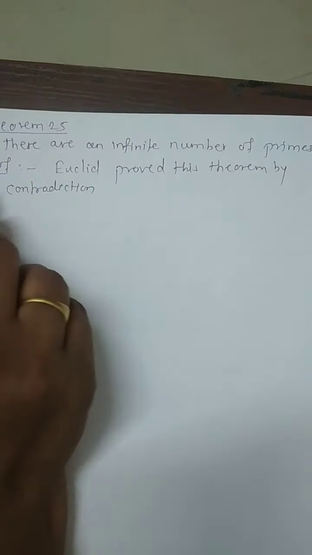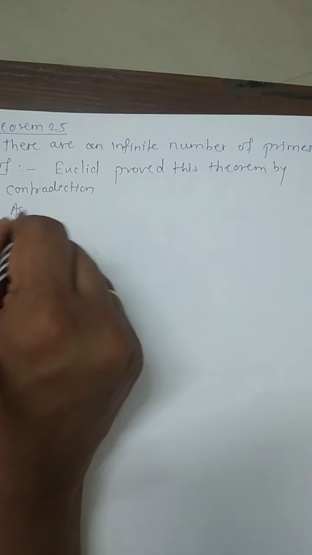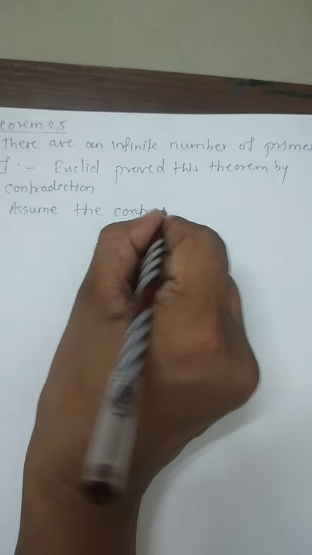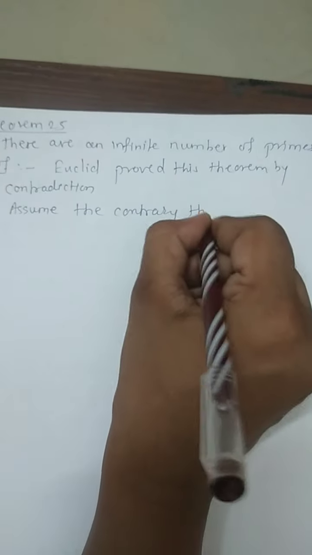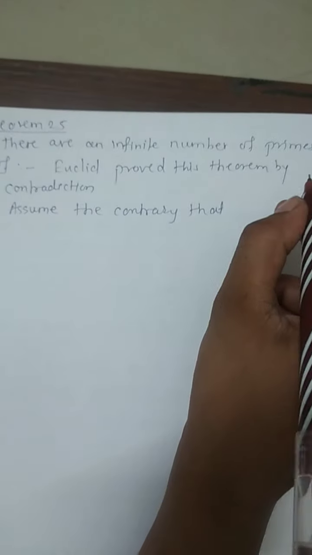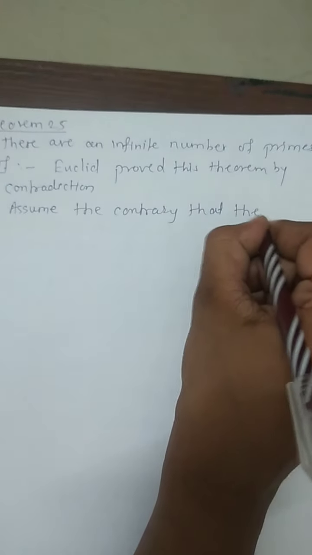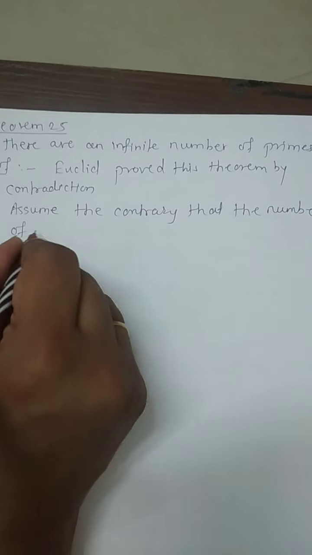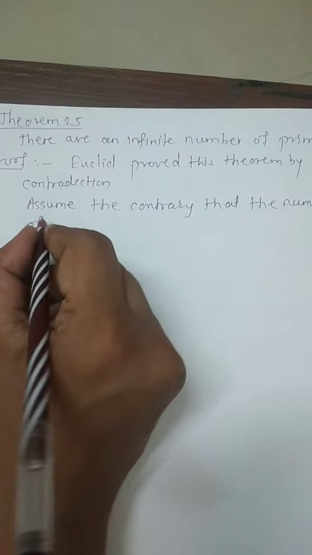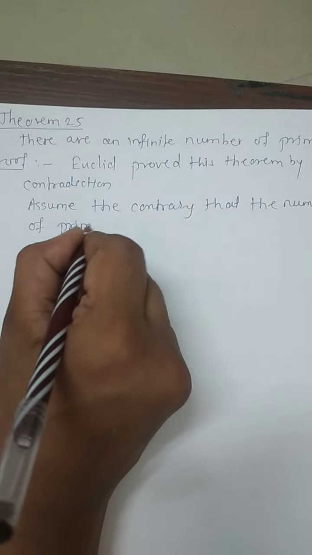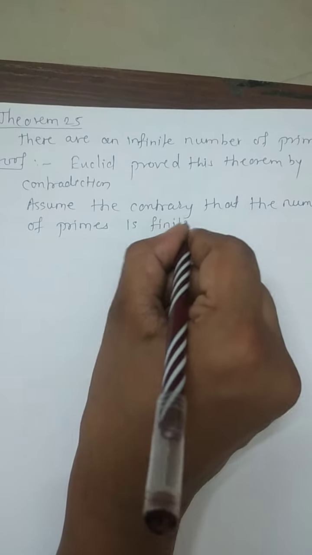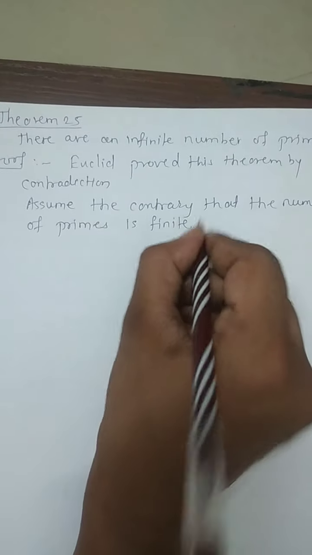Very easy proof. We have to go by contradiction. Assume the contrary. What contrary? That the number of primes is finite.